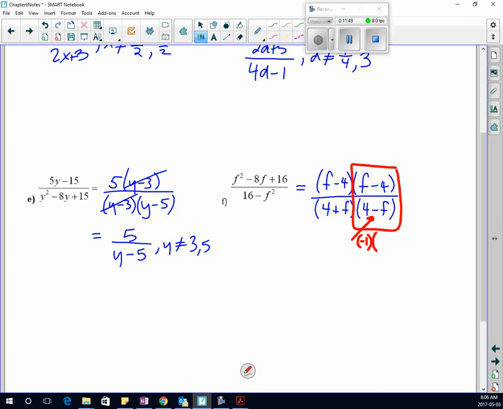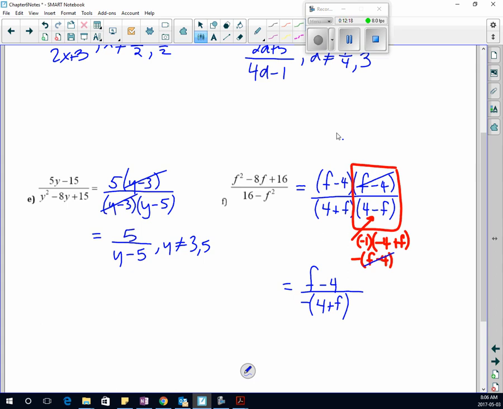Well, I would get -4 plus f, which is the same thing as negative bracket f minus 4. So do you see there, now I can get the f minus 4's to cancel. Now watch, there's a negative there. So that means I'm going to get f minus 4 over negative bracket f plus 4, sorry, 4 plus f.